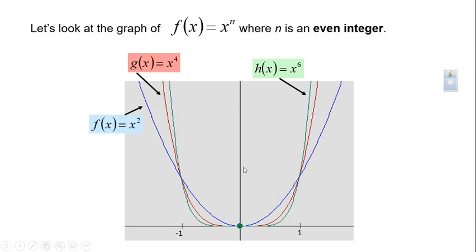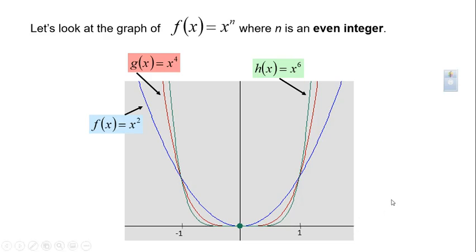So as the exponent gets bigger, the graph gets flatter because you're raising it to a higher and higher power, so you get smaller and smaller numbers. However, that only occurs between -1 and 1. After 1, when you raise a number that's bigger than 1 to a power bigger than 1, like to the 2 or to the 3 or to the 5 or to the 8, you get a larger number.